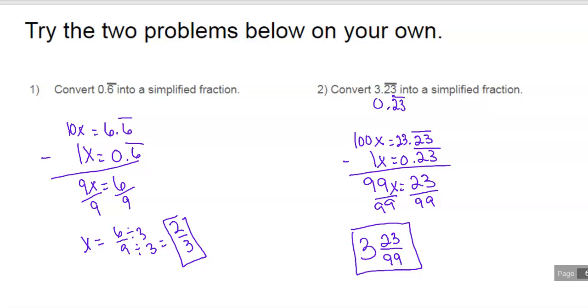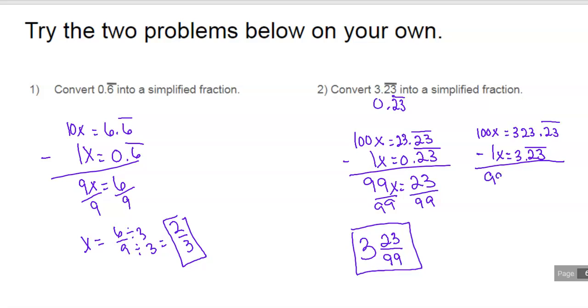If you decide to do this as an improper fraction, it's going to look very similar. You would have 1x equals 3.23 repeating, so that when you multiply by 100, it's going to look like 323.23 repeating.